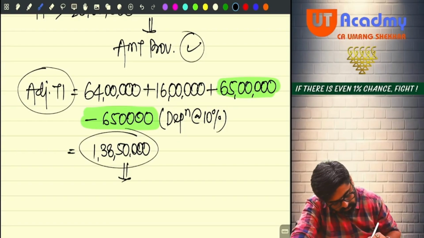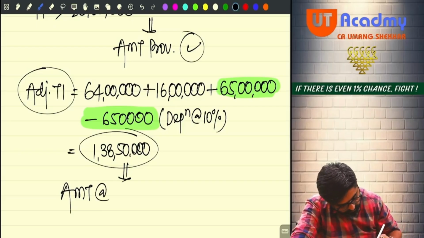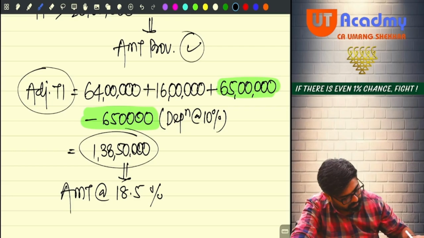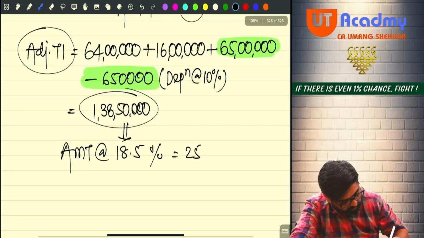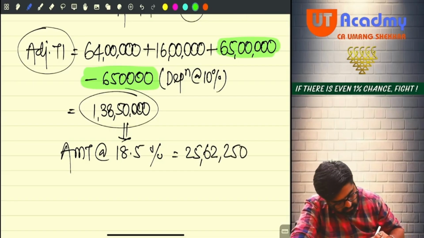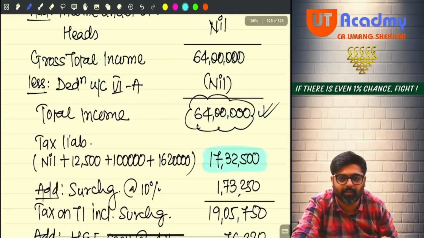Now calculate AMT at the rate of 18.5%. This amount into 18.5% will be 25 lakh 62,250. Now please check the blue color.